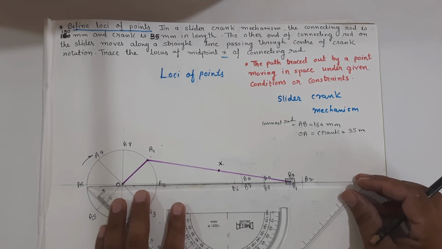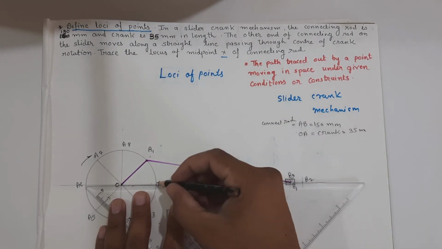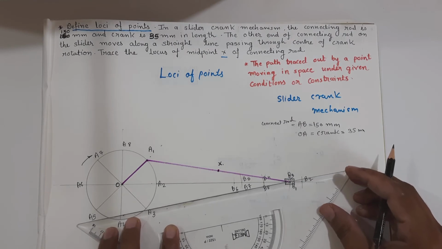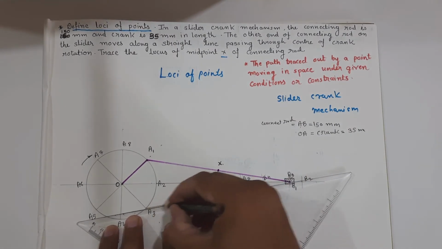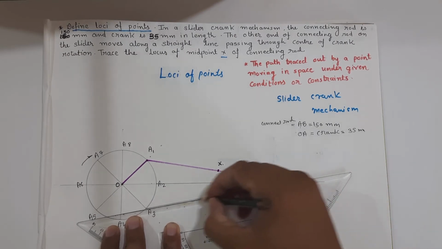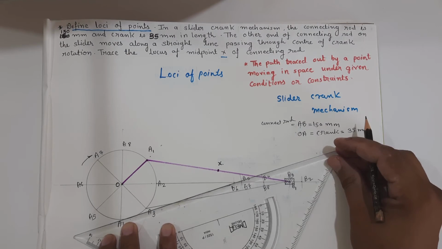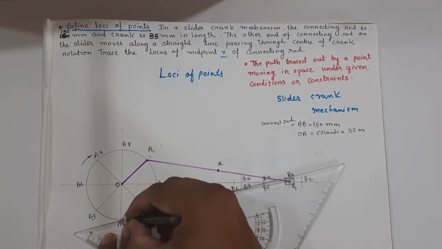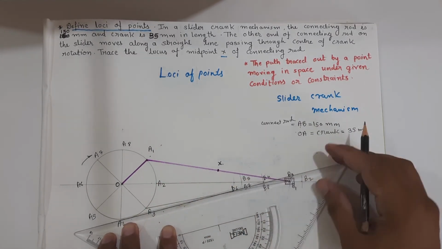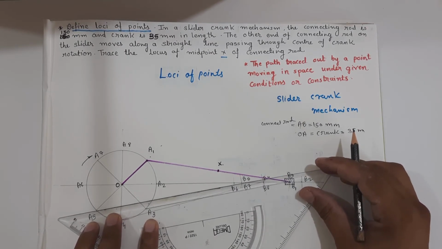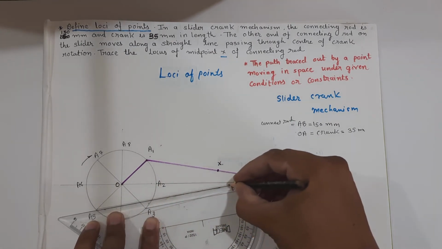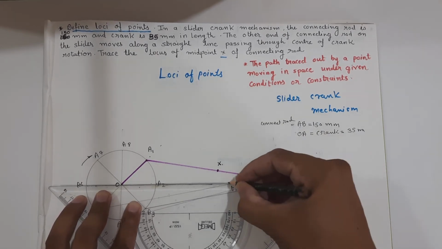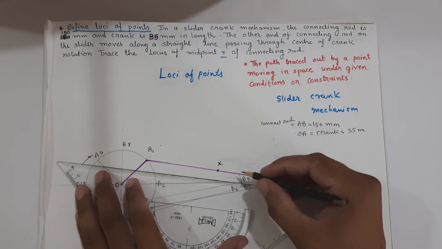Now A2 to B2, A3 to B3, A4 to B4, A5 to B5, A6 to B6 will be over here on the same line, A7 to B7.